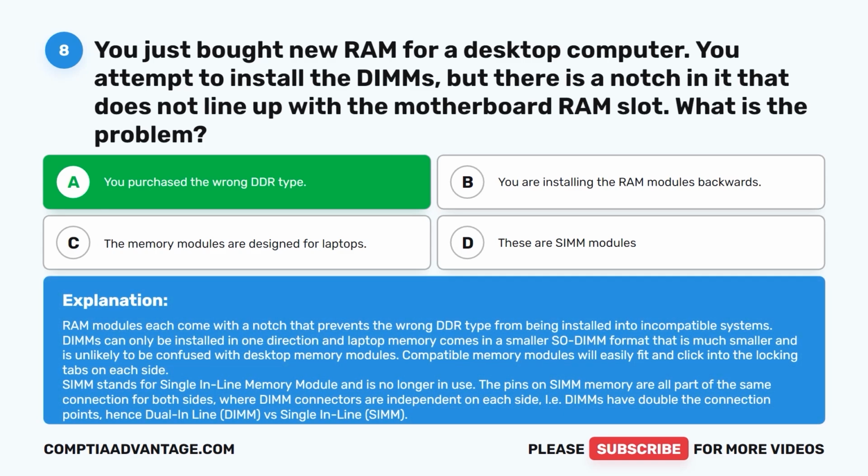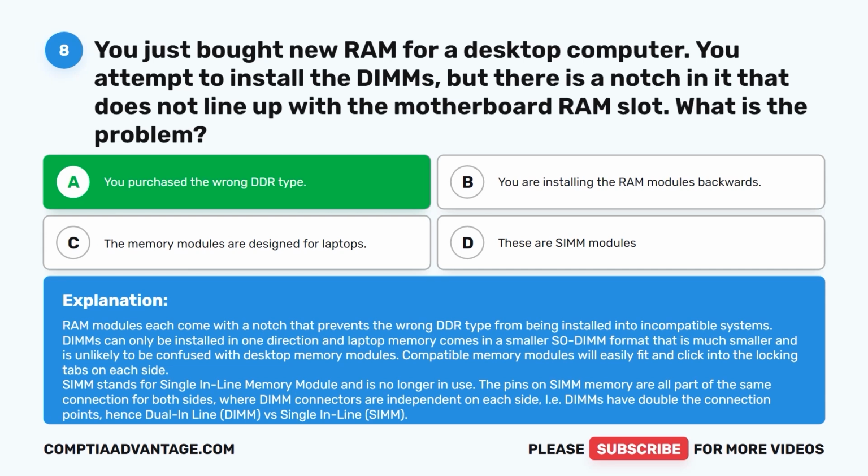RAM modules each come with a notch that prevents the wrong DDR type from being installed into incompatible systems. DIMMs can only be installed in one direction, and laptop memory comes in a smaller SO-DIMM format that is much smaller and is unlikely to be confused with desktop memory modules. Compatible memory modules will easily fit and click into the locking tabs on each side.